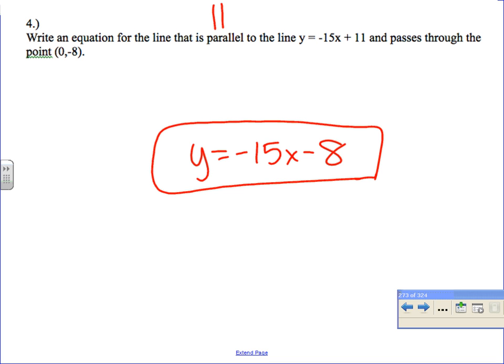Miss Wingrove taught that to you last week. If it has to be parallel to this and go through this point, this is your new y-intercept, because you do not want it to be the exact same line. You want it to be parallel. They never touch, but their y-intercepts are going to be different.